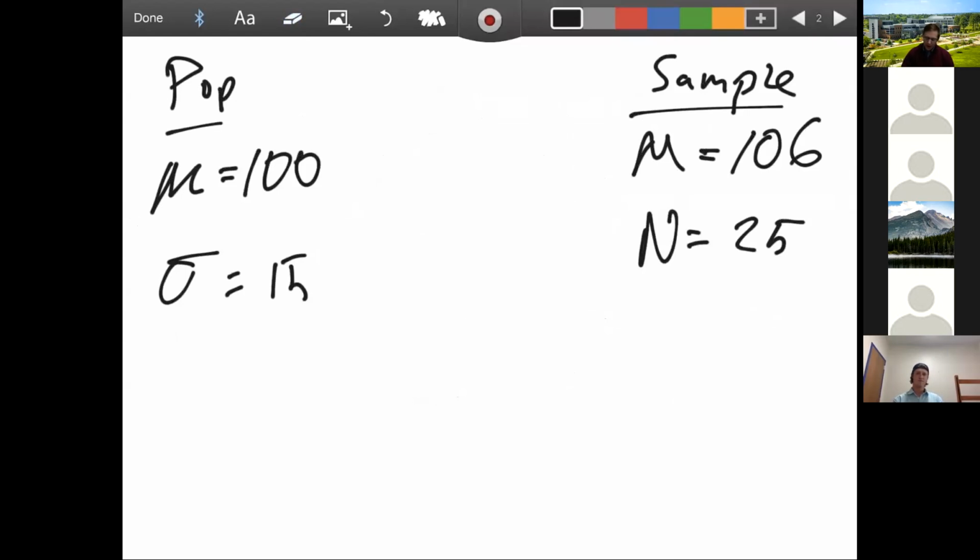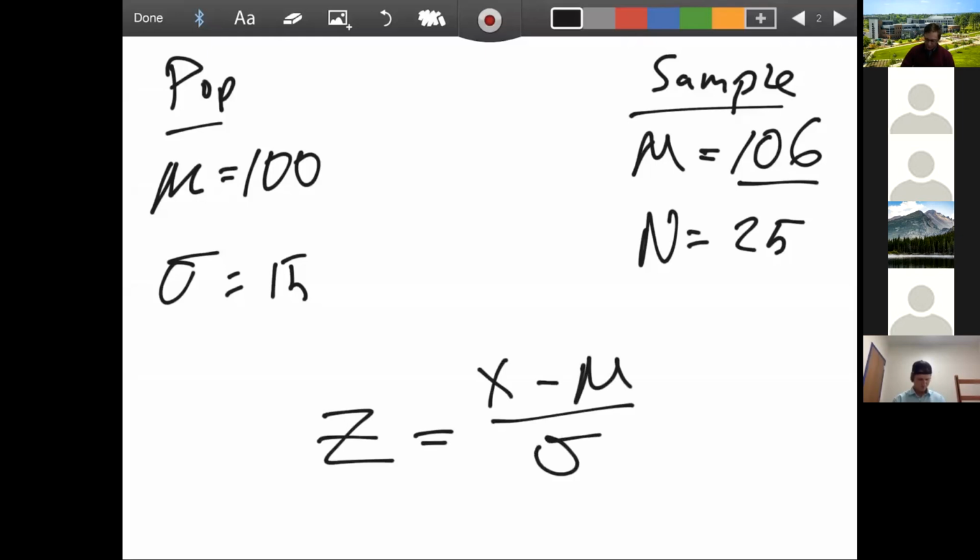And so if we want to know what's the probability that our sample of 25 people would have an IQ of 106 or greater, we're going to take that Z formula, which is for a single individual, it's just X minus the population mean over the standard deviation.